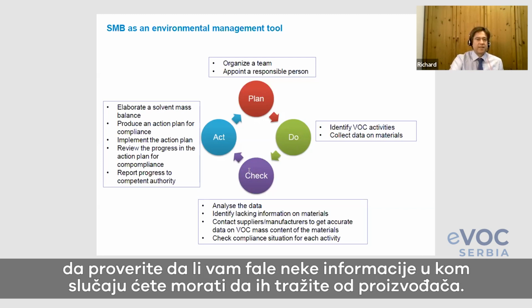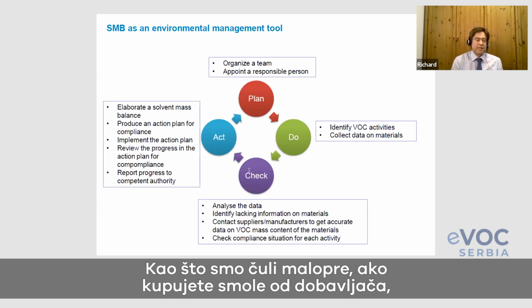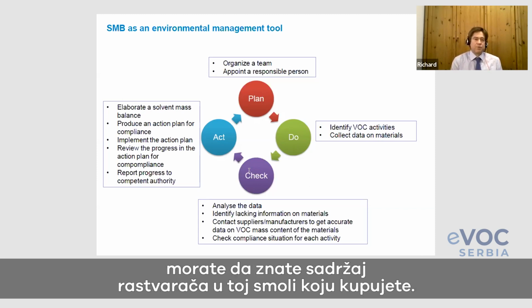You must check if you have some information missing. You then have to ask your manufacturers. For example, in the case we heard before, when you buy resins from a chemical supplier, you must already know the solvent of that resin.